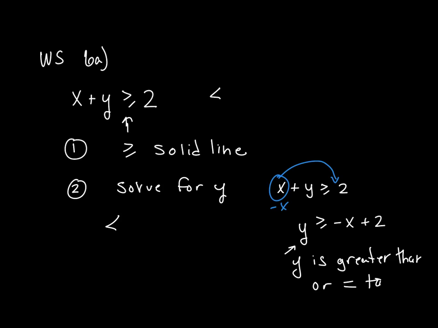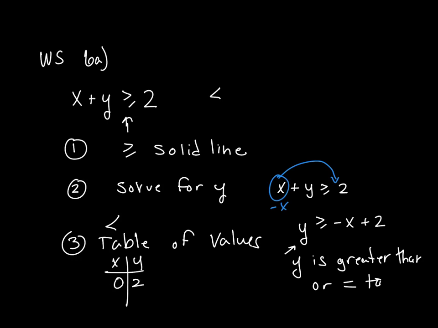So in order to graph this, I need to make a table of values. It does not matter what points you pick. I always like to start with when x is 0. That gives me 2.